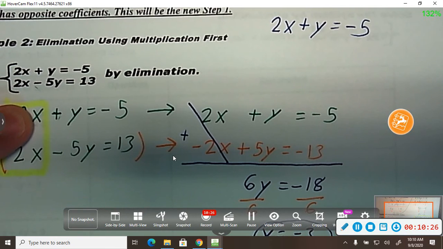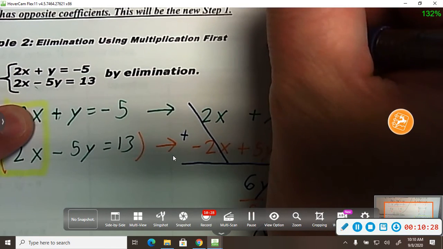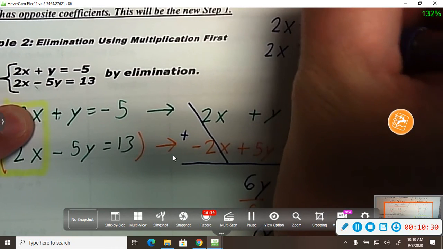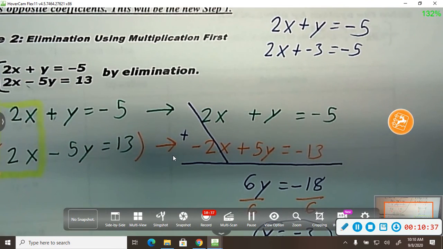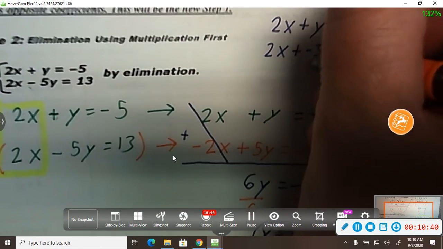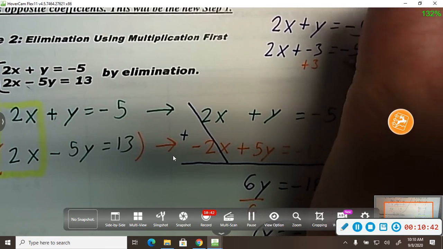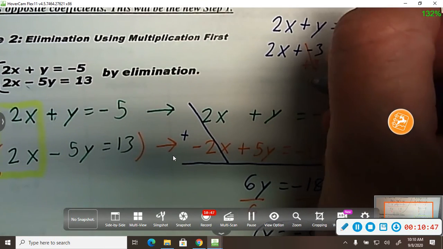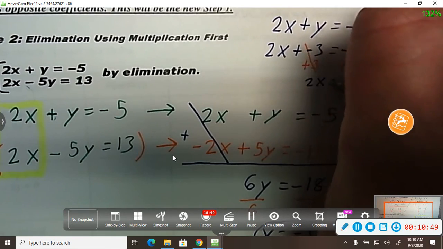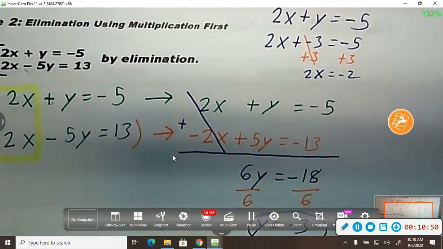But I know y is -3. And so from there, solving for x, I would add 3 to both sides. And that'd be 2x is -2.